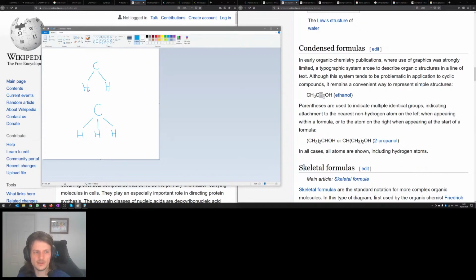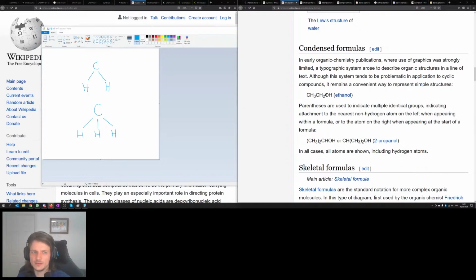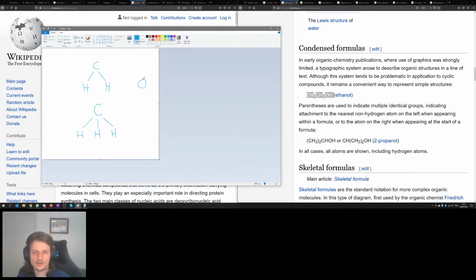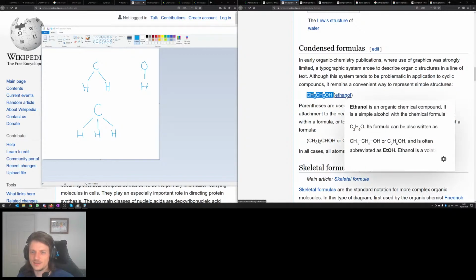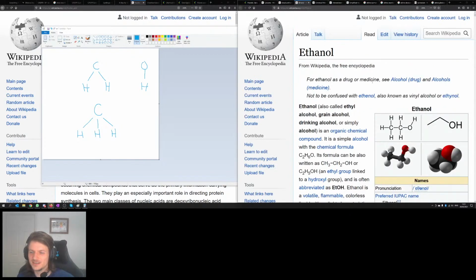Hydrogen, hydrogen, and then you've got oxygen is bound to OH and 1H. Let's start with the top up here, OH, and these are all bound together. I wonder. Let me see what ethanol looks like. Yeah, I'd love to see how this actually looks.